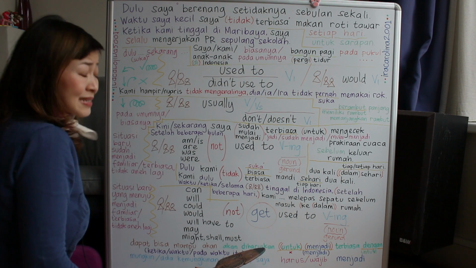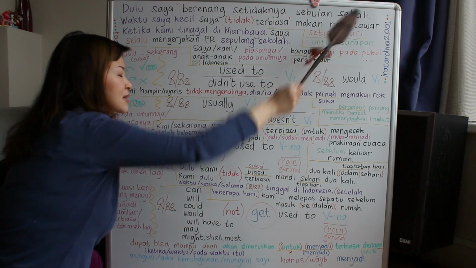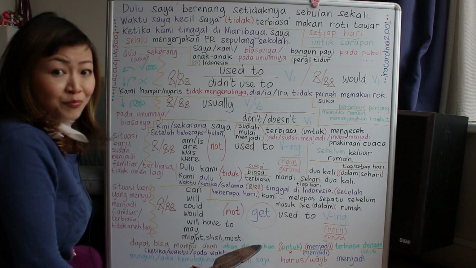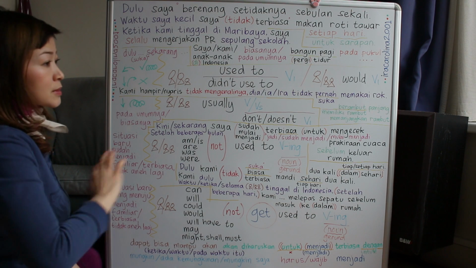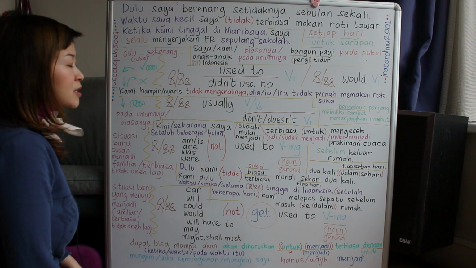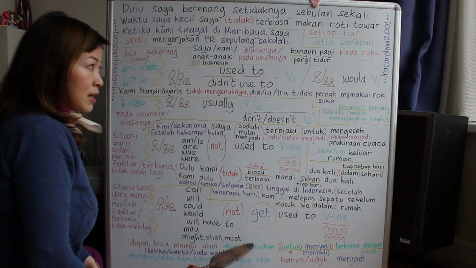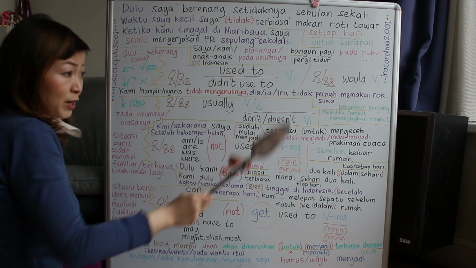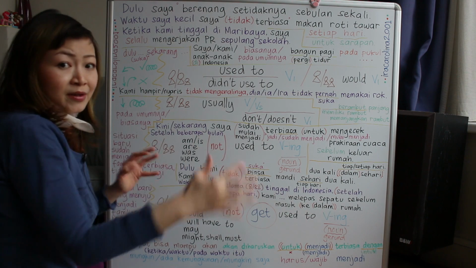Makan, eat, roti tawar, slice of bread, or bread that we put jam or peanut butter on, we say it as roti tawar. Bread itself is roti, but it's a different kind of bread.